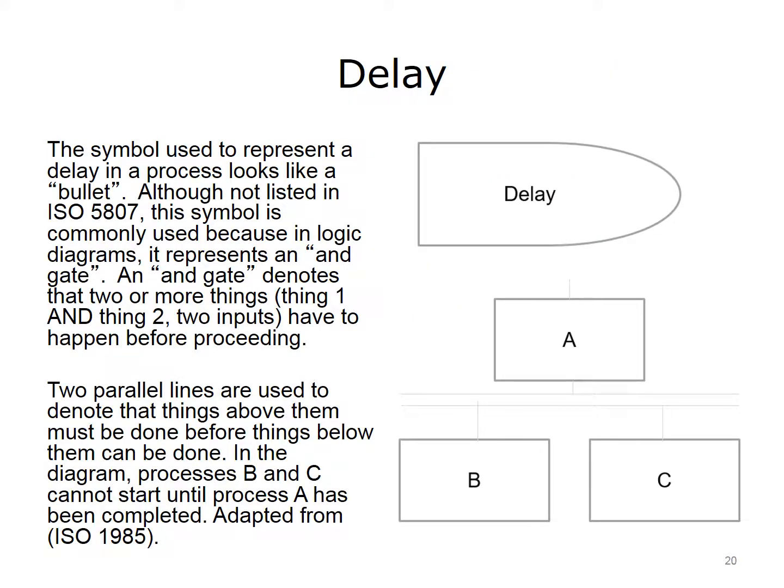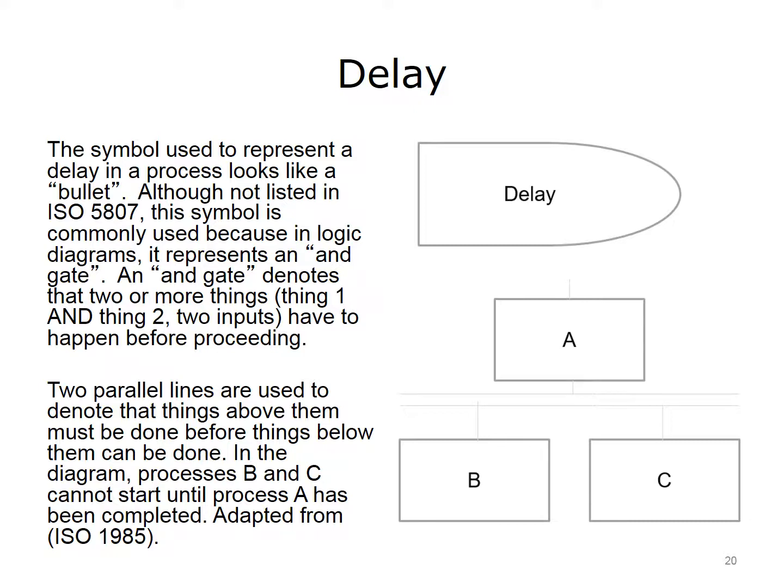The symbols used to represent a delay in a process are given here. The bullet, although not listed in ISO 5807, is commonly used because in logic diagrams it represents an AND gate. An AND gate denotes that two or more things, thing 1 and thing 2, two inputs, have to happen before proceeding.